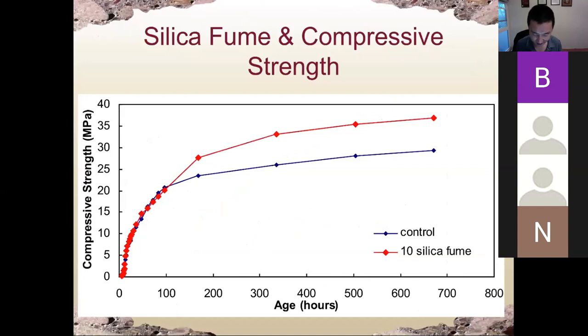Here shows silica fume. Silica fume is different from fly ash because at early age, concrete with silica fume will not reduce strength. The strength will be similar compared with the control mix for concrete with silica fume.